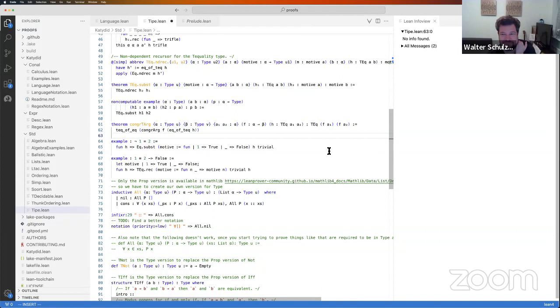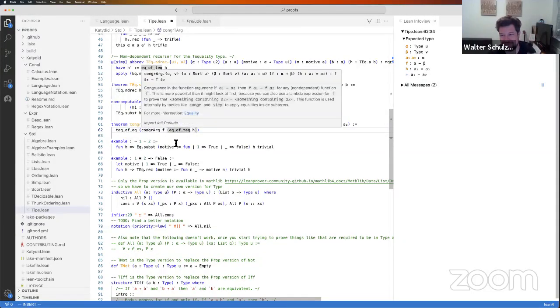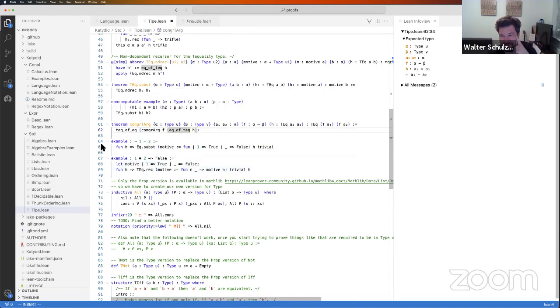So I go from Eq to TEq, from TEq to Eq, pass that to the proof, and then I take that proof that's in Eq and turn it back into TEq. On line 62. But the statement on line 61 is not what I was saying. Okay, good. Right, so this is congruence. So this is fine.